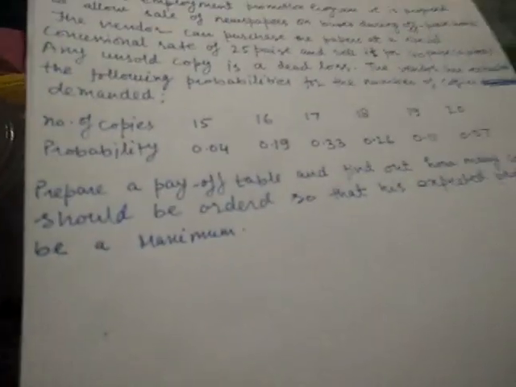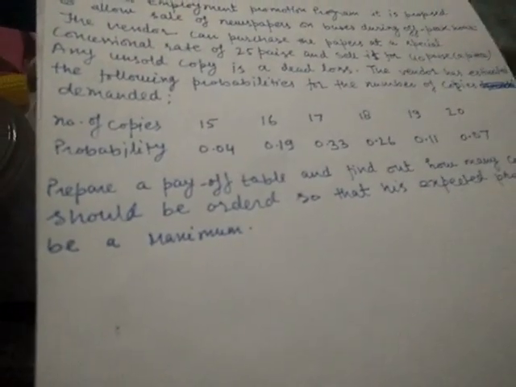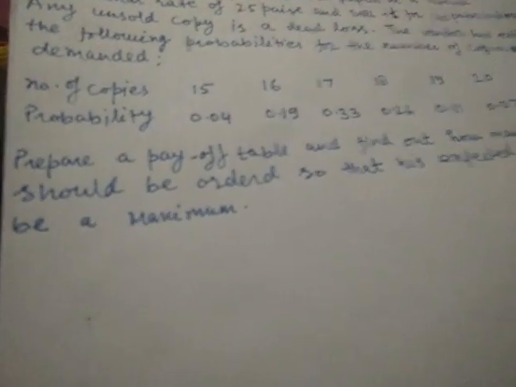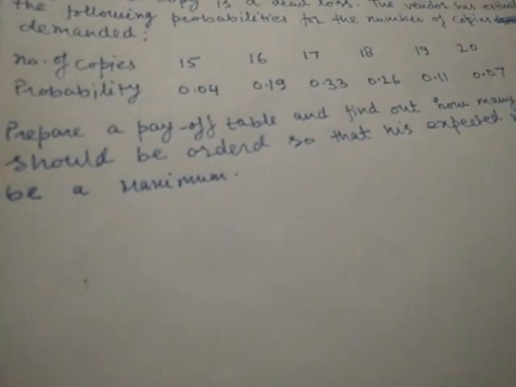So here first you have to make a payoff table, because you don't have a payoff table here. Now it is very interesting to see how we are going to write payoffs for each combination of course of action and states of nature. So I suggest you adopt this format: this time we will write states of nature this side, and this side we will write course of action.